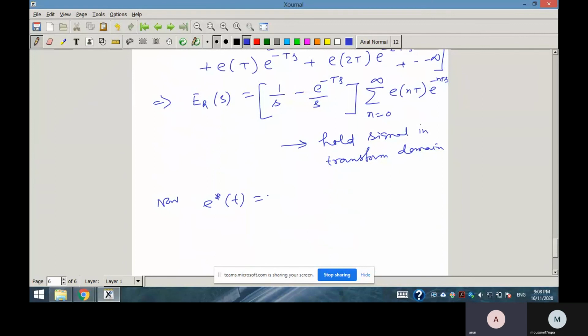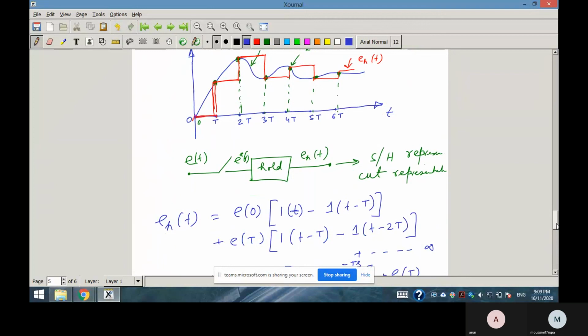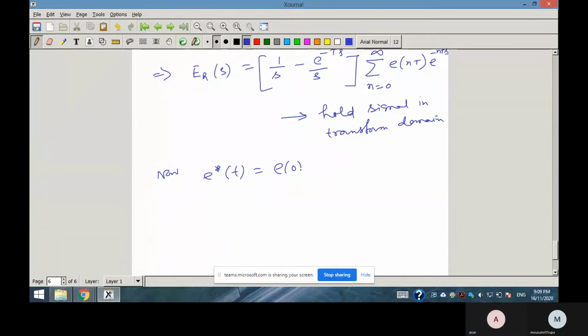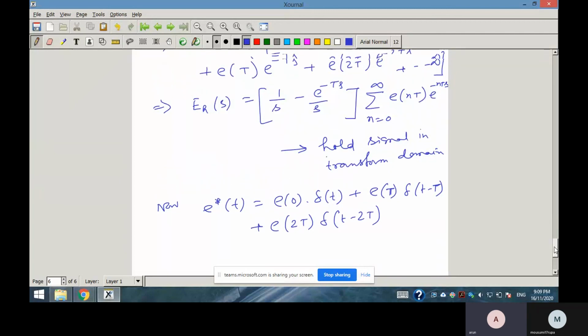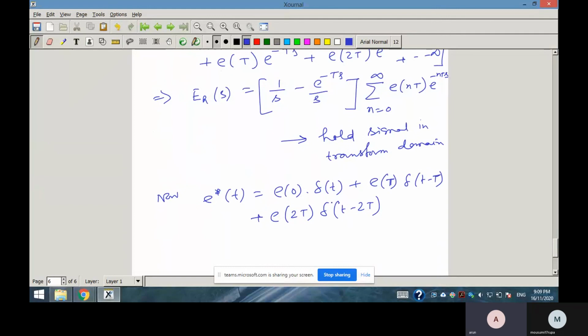You can represent it like this: E0 into delta(t) plus E(T) into delta(t minus T) plus E(2T) into delta(t minus 2T), because E(T) will appear only at t equal to T. Similarly, E(2T) will appear in e*(t) only at t equal to 2T. So that's why you can represent it like this.